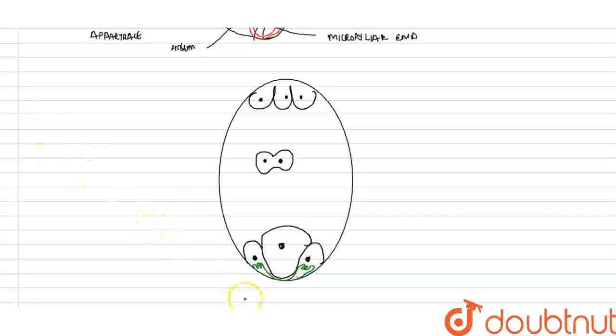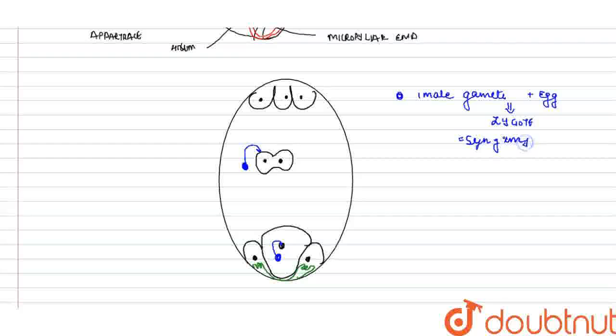Now I told you the 2 male gametes enter inside the ovule, and 1 male gamete combines with the egg. Another male gamete will come and fuse with the central nuclei. So one male gamete will combine with the egg and form a zygote. This is known as syngamy.